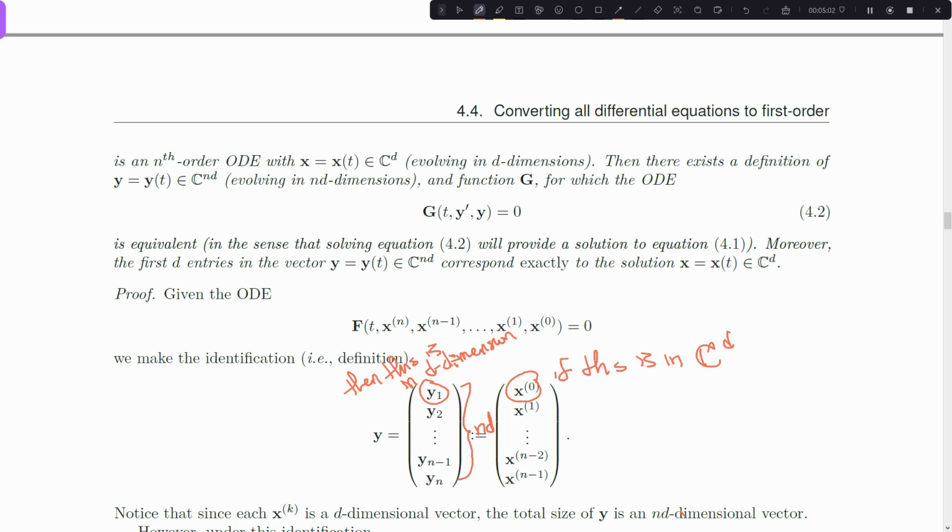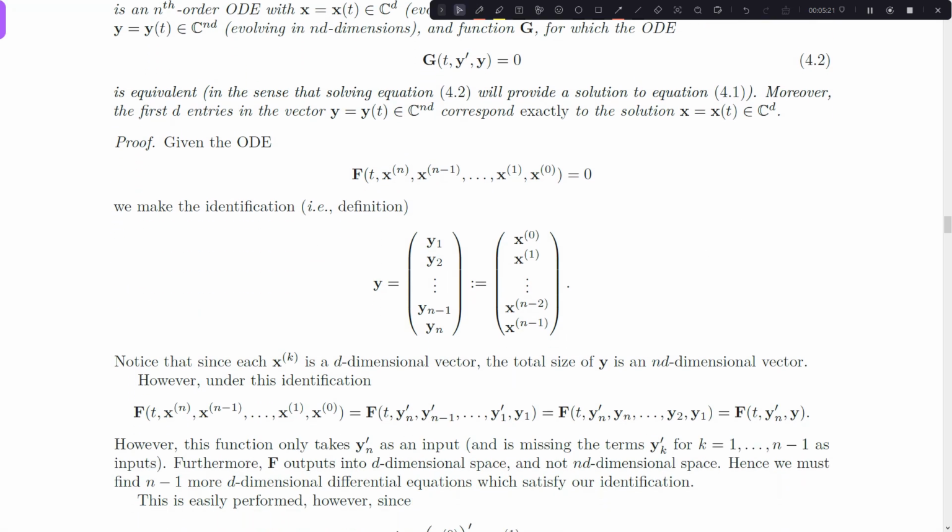And so that's where our nd is going to arise from. And so we're going to define this special function y as the vector of all of these. And then we're going to recover some really nice properties about y.